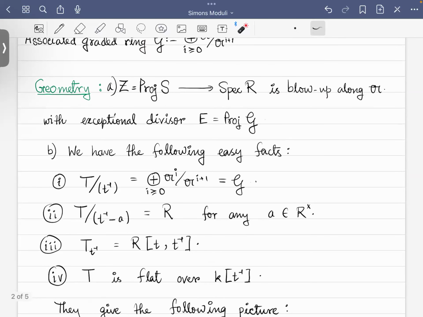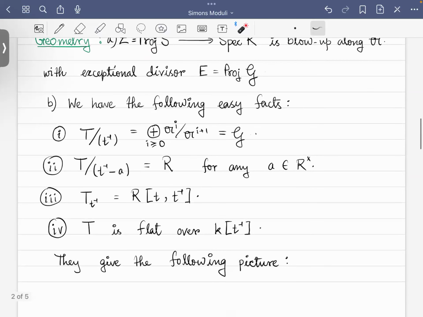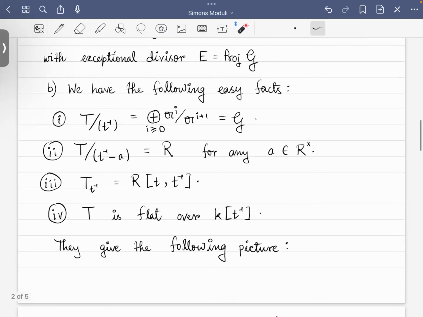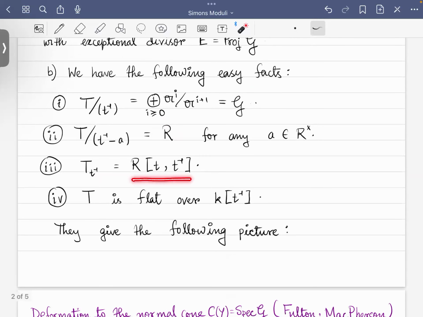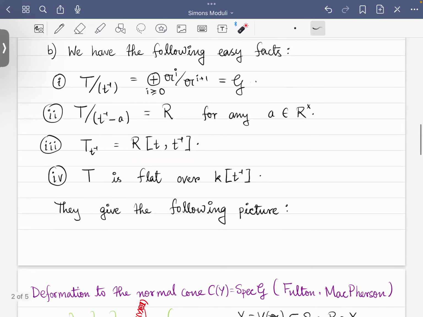For the extended Rees algebra, first, I record these elementary algebraic facts: T quotiented by T inverse gives you the associated graded ring. T quotiented by T inverse minus a, where a is a non-zero element, gives back R, and localization at T inverse gives you R[T, T inverse], and T is flat over K[T inverse].